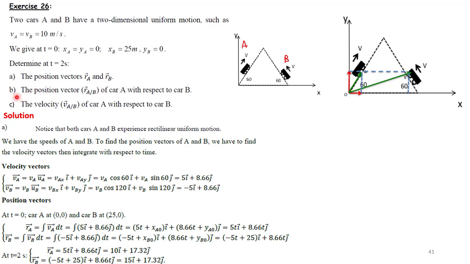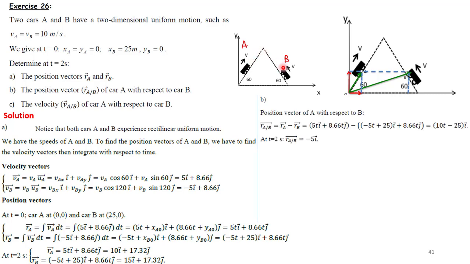Question B, determine at t equal to 2 seconds the position vector RA with respect to B, of car A with respect to car B. They want us to find RA over B. So now we need to find the position vector of A as seen by an observer in car B, the relative position vector.